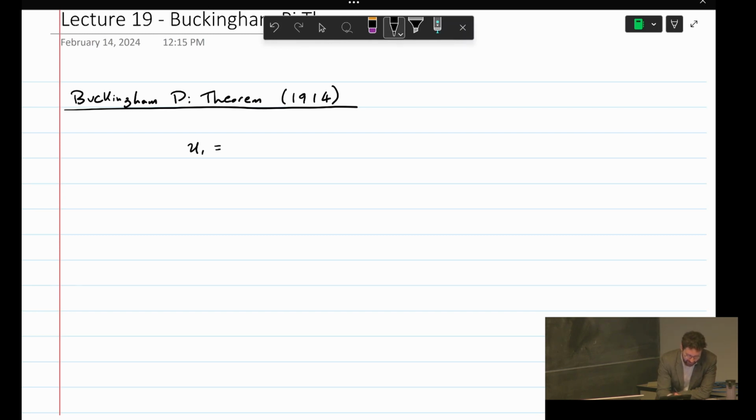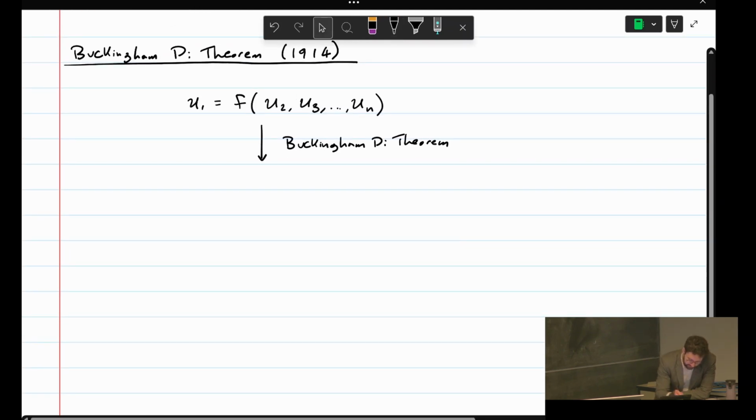If we assume U1 depends on some other parameters, say U2, U3, and so on, up to UN, Buckingham pi theorem is able to distill this problem into something that looks like this.